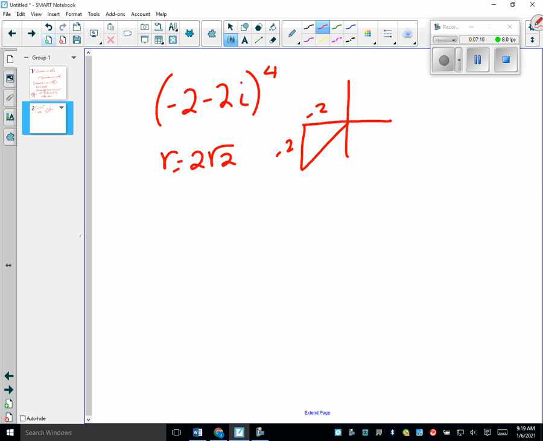I think radians are easier. Okay, so would you agree it's 5 pi over 4? Yeah. Okay. So I have 2 radical 2 cis 5 pi over 4 to the 4th power. Is that right?